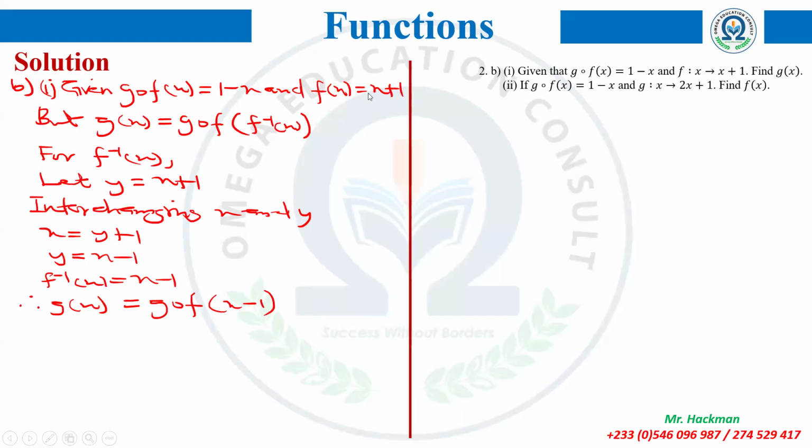If the coefficient is not 1, then its inverse will be change the sign, then divide by the coefficient, as simple as that. So if I have a function f of x equal to maybe 2x minus 1, I know the inverse will give me x plus 1 over 2.